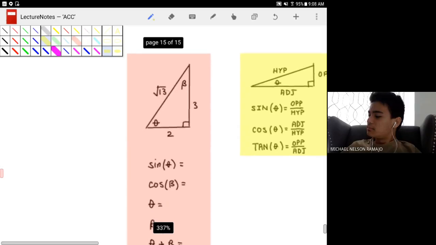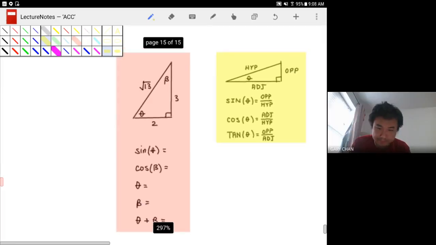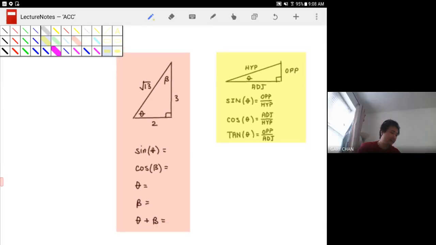Can we zoom back? Yep. Ooh, need to copy that.